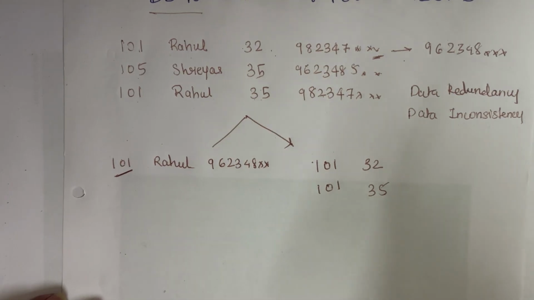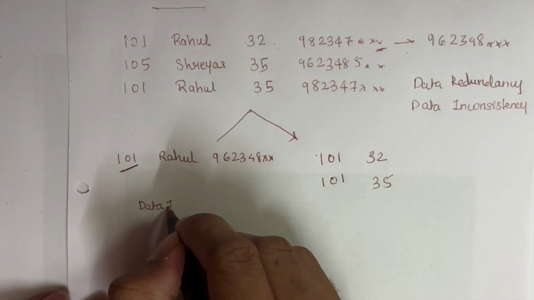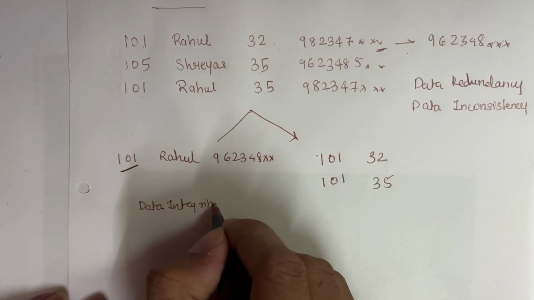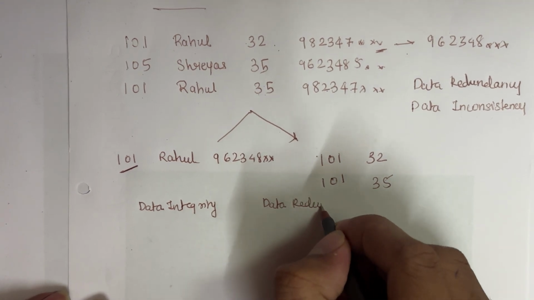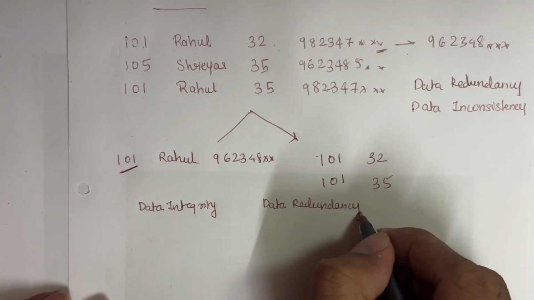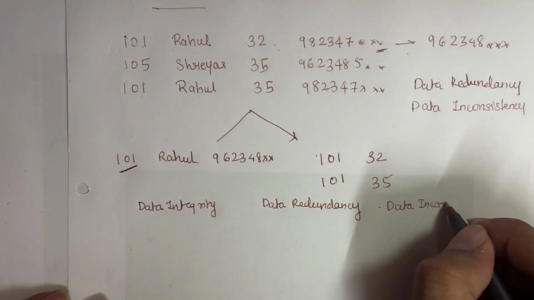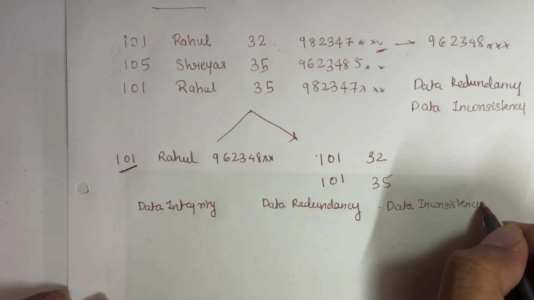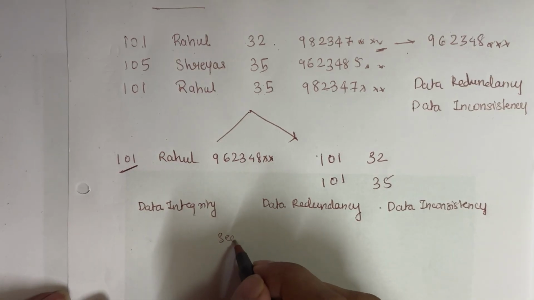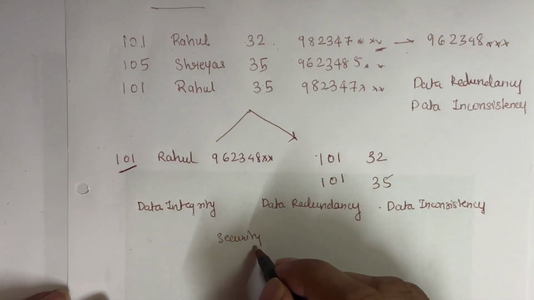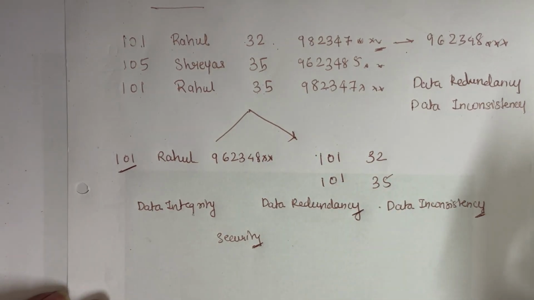The four pillars are something called as data integrity, redundancy, which we just saw, inconsistency, and security. We talked about data redundancy, and we also talked about data inconsistency, and data security.